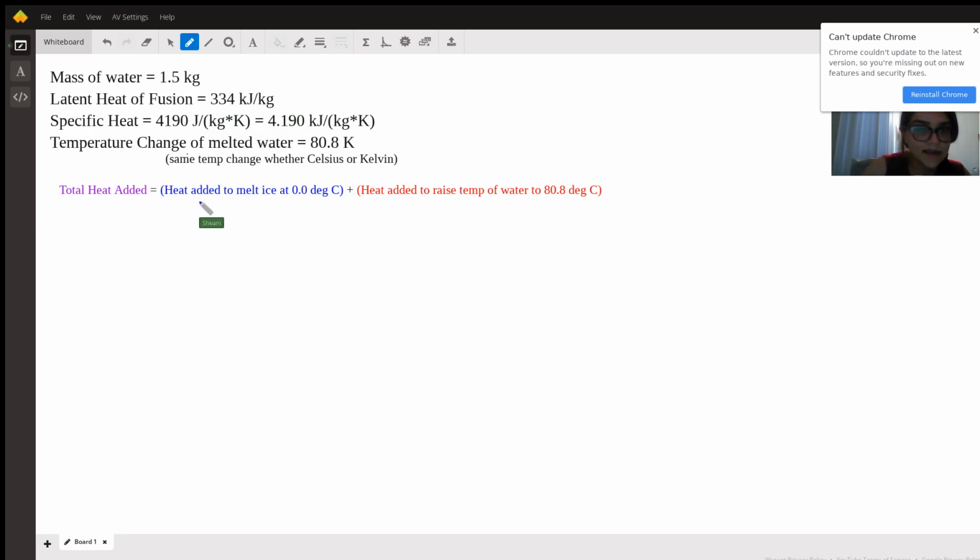So the heat added to melt the ice is going to be the mass times LF, the latent heat of fusion.